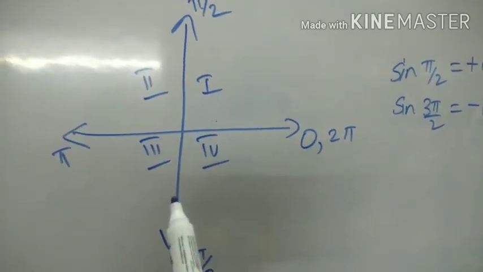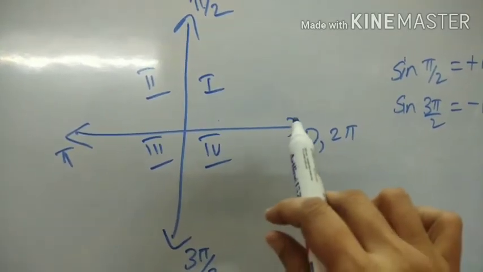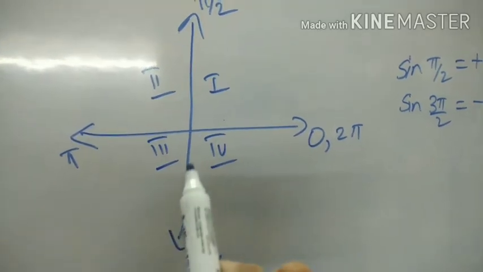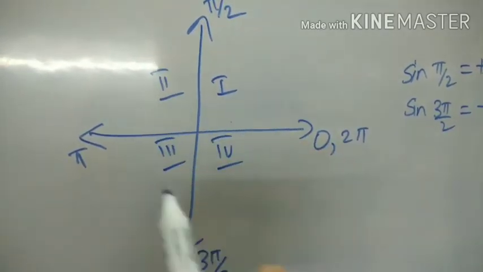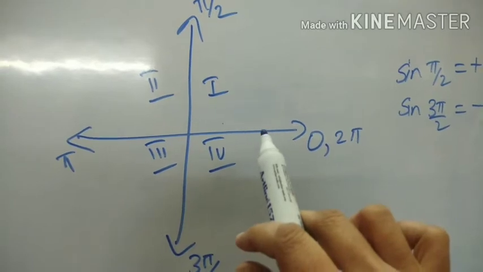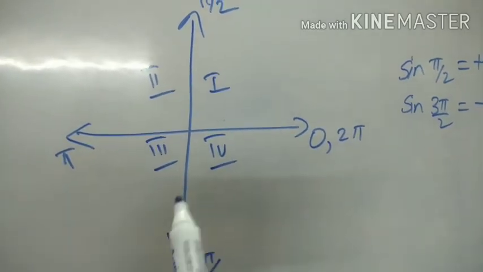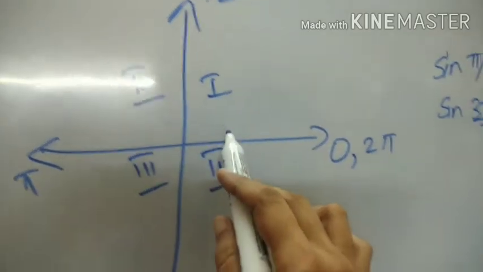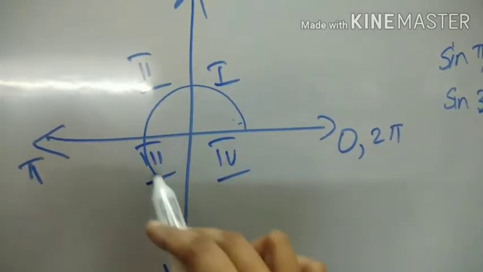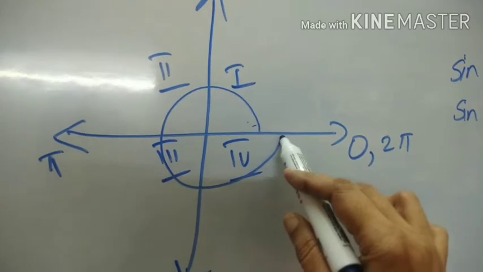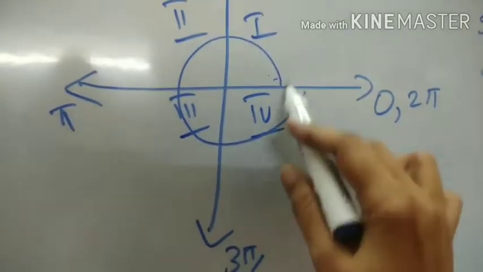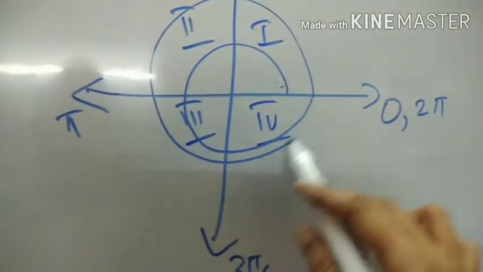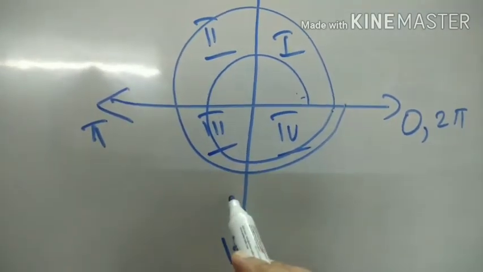When I go to 3 pi by 2, or else I can say 2 pi minus pi by 2. Or I go one full round, 2 pi minus pi by 2. If I go two rounds, I am here. One round I go 2 pi, and this is 2 pi minus pi by 2. If I go two rounds, 4 pi minus pi by 2.